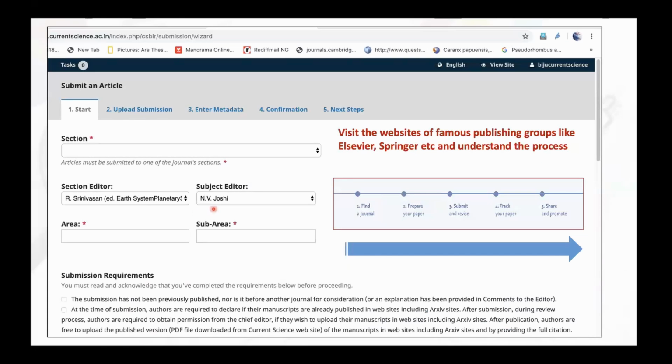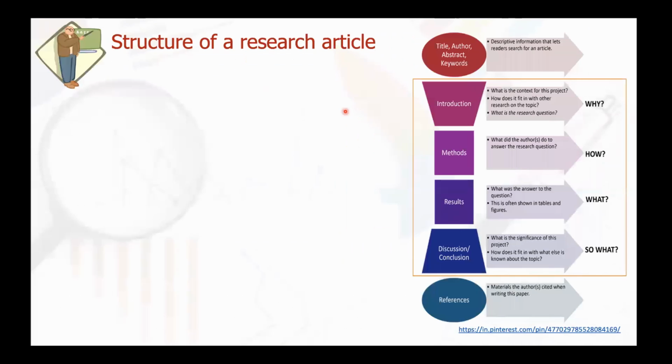You can see the steps: start, upload submission, enter metadata, confirmation, and finally you can view a PDF file of your submission. Once you approve that submission after going through the PDF file, you can submit. So these are the different steps in the submission process. That is the next step after you complete the manuscript.